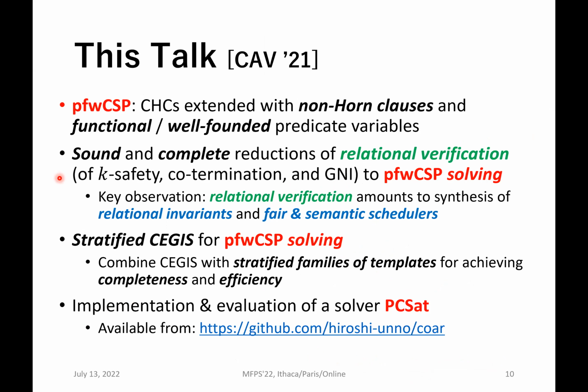And we also explain sound and complete reductions of relational verification of k-safety, co-termination, and generalized non-interference problems to the constraint solving problem. A key observation here is that relational verification amounts to synthesis of relational invariants and fair and semantic schedulers. This notion of scheduler is related to the alignment discussed in Dave's talk.